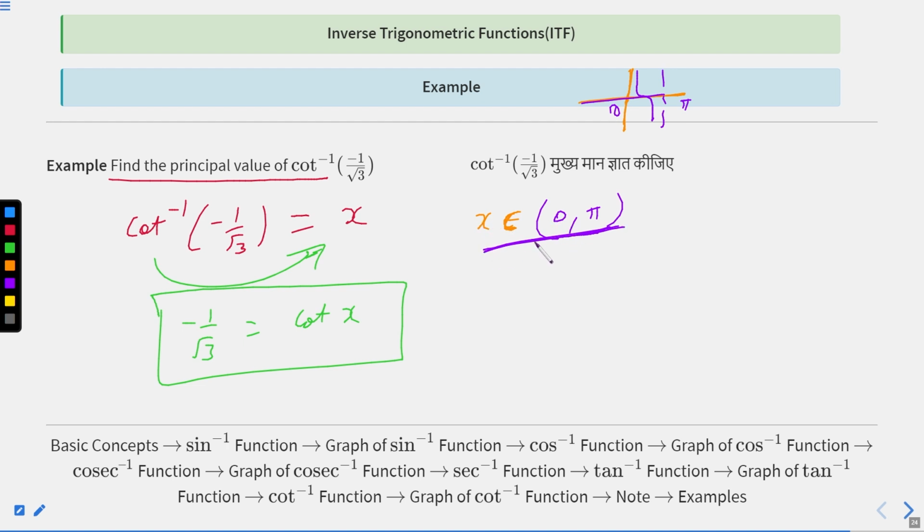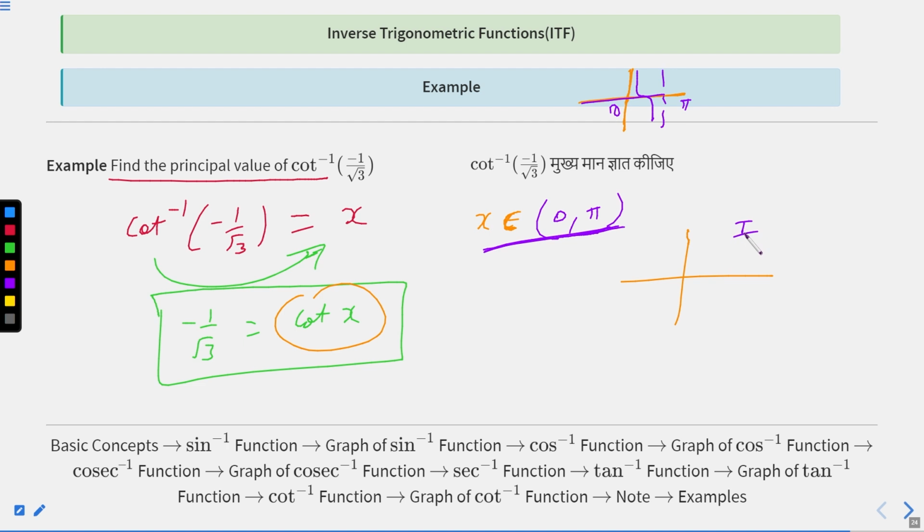Now we know that cot x is some negative real number. If you recall, in which quadrant must cot x lie? In the first quadrant every trigonometric function is positive.